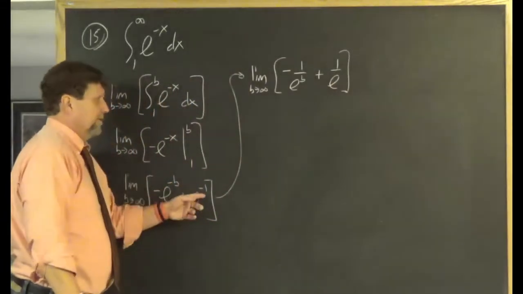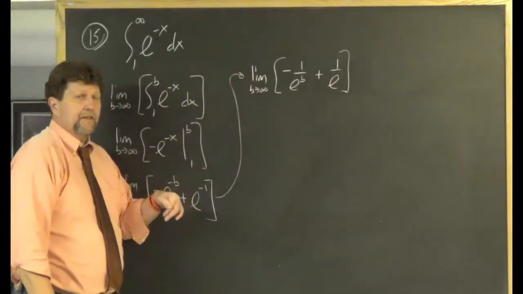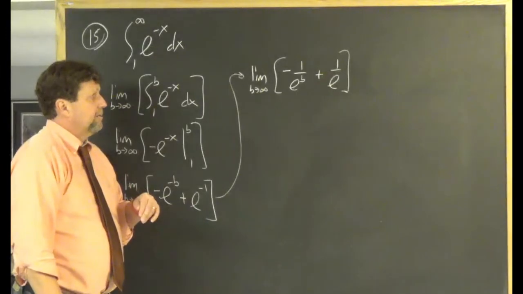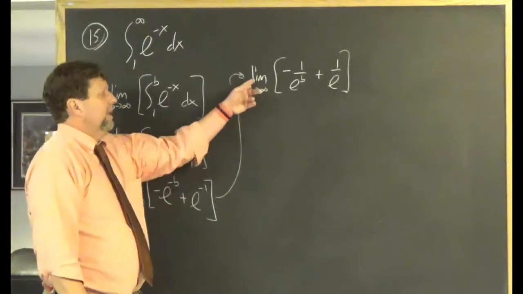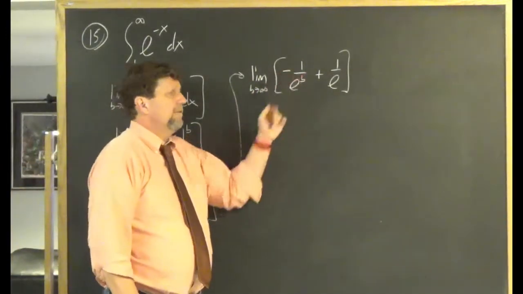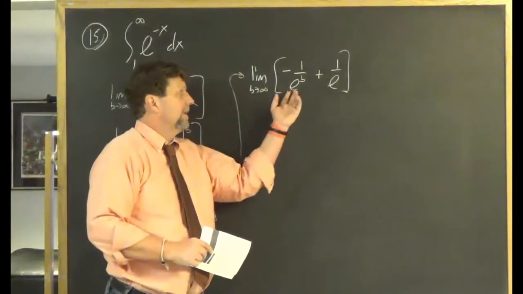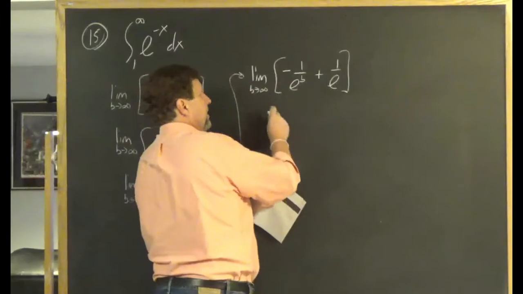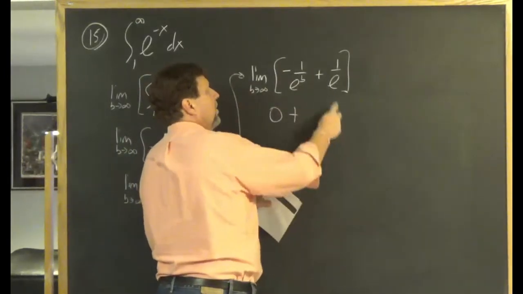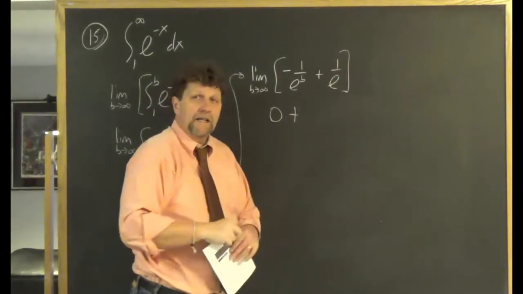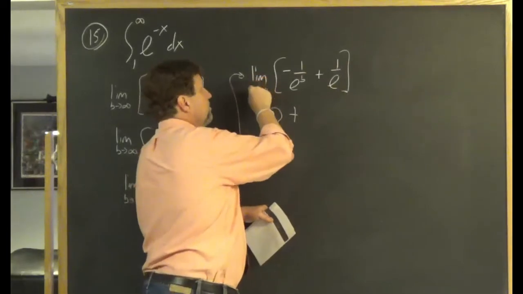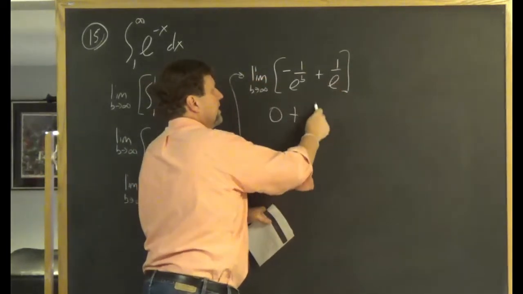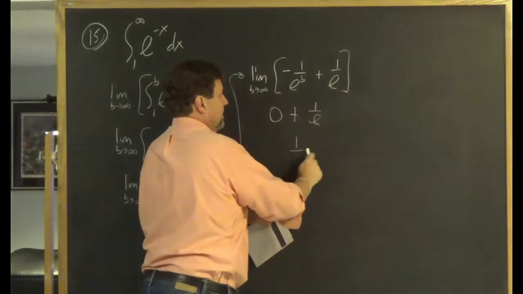So I could get rid of those negative exponents, drop them downstairs, make the exponents positive. So now the limit as b goes to infinity, negative 1 over e to the b. Denominator getting incredibly large, so this limit is 0. 1 over e is a constant, so the limit as b goes to infinity of a constant is that constant.